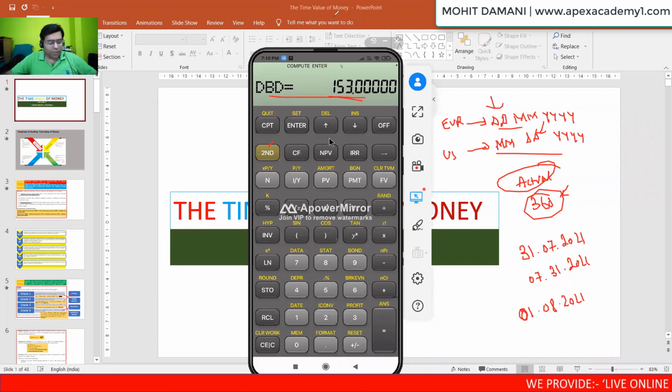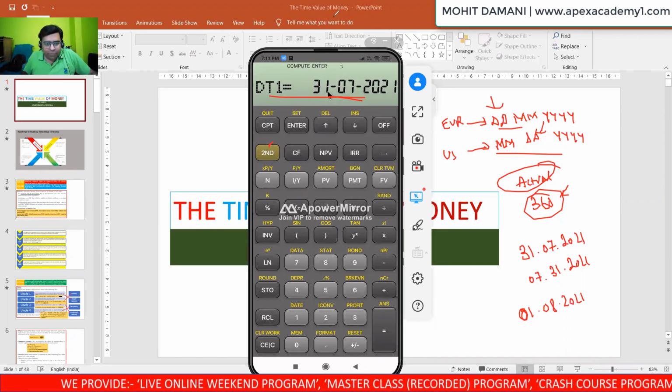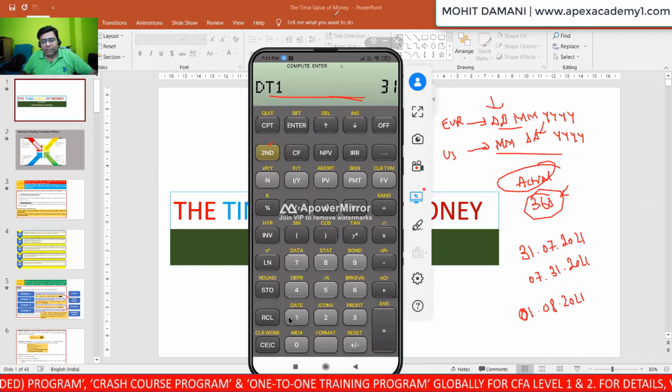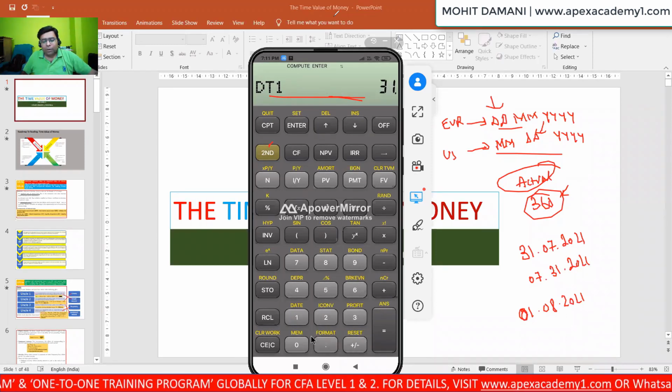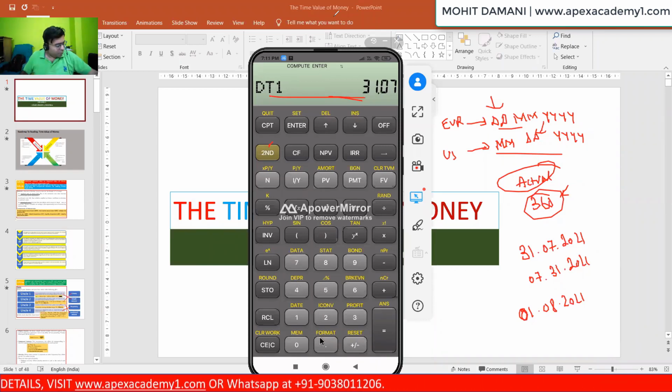For entering the date, if I want to enter in DDMMYY format, then you press 31, the first two digits, dot, 0721, and then press the enter button.